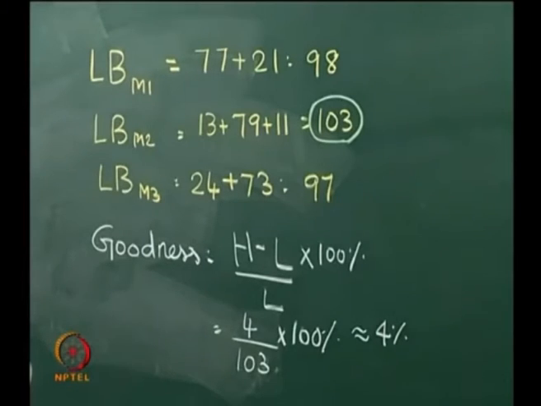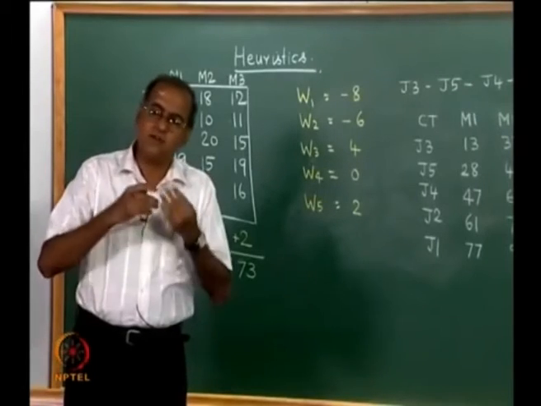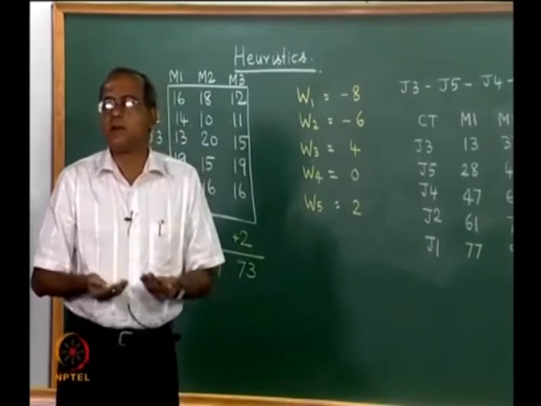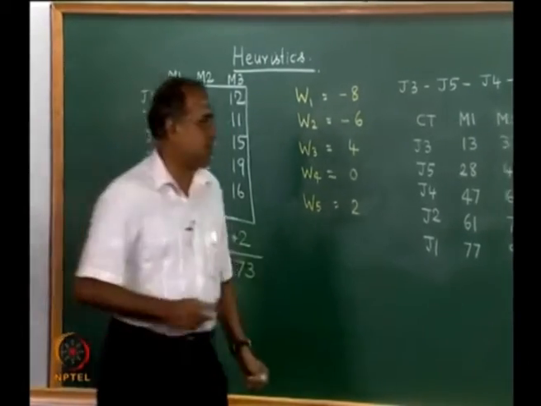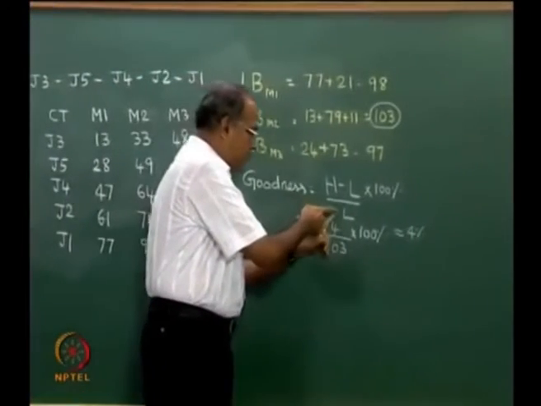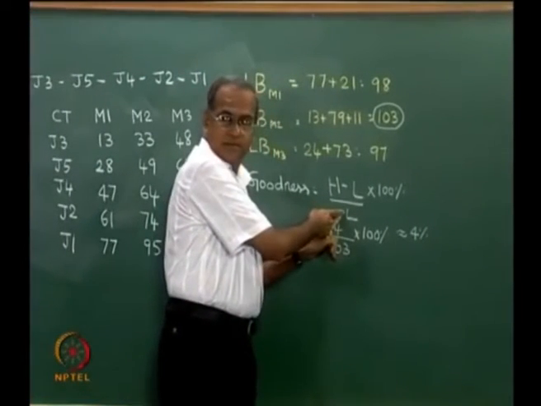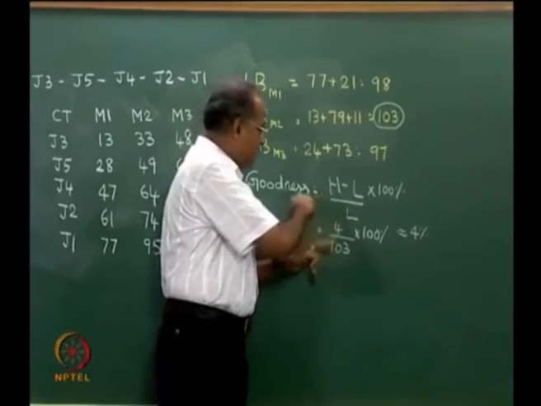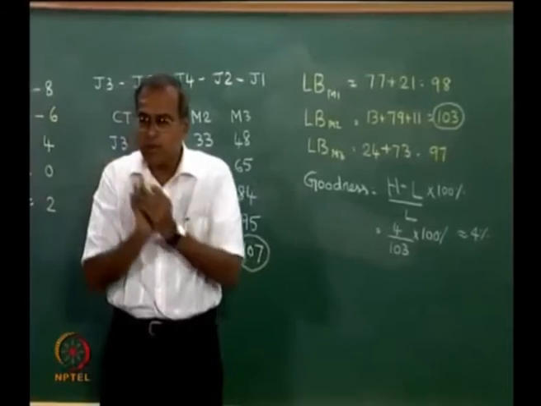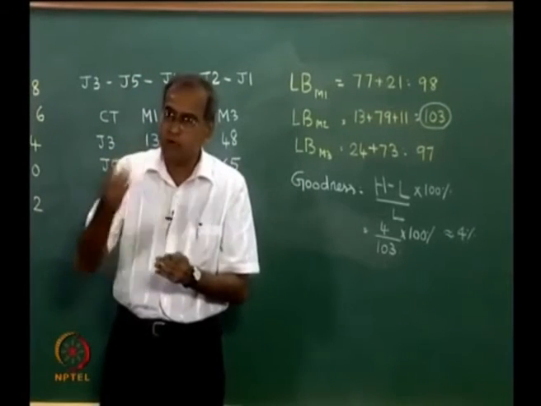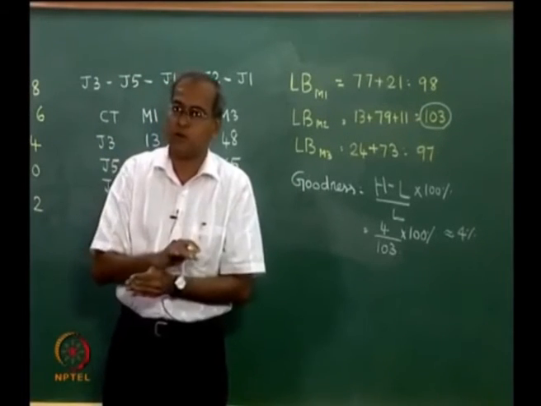So, if we are willing to accept a solution which in the worst case is 4% above the optimum, the reason the worst case is 4% is that we do not know the optimum, which is more than L. Actually this should be (H minus O) by O, heuristic minus optimum by optimum. Since we do not know the optimum, we substitute it with the lower bound.